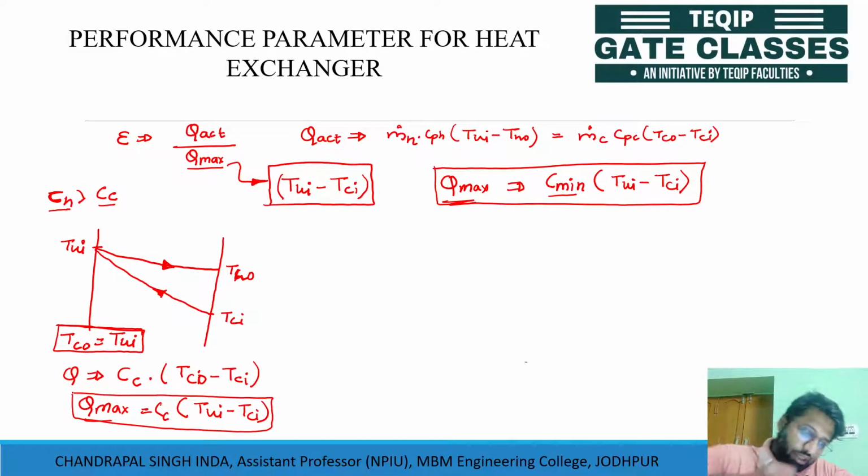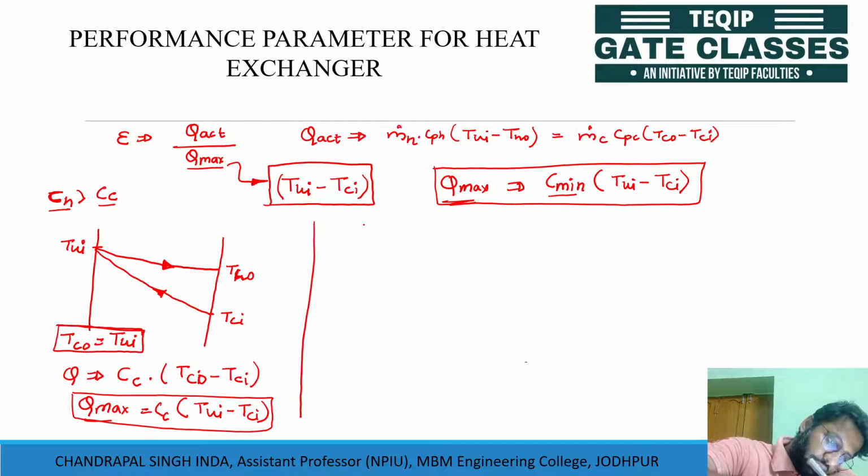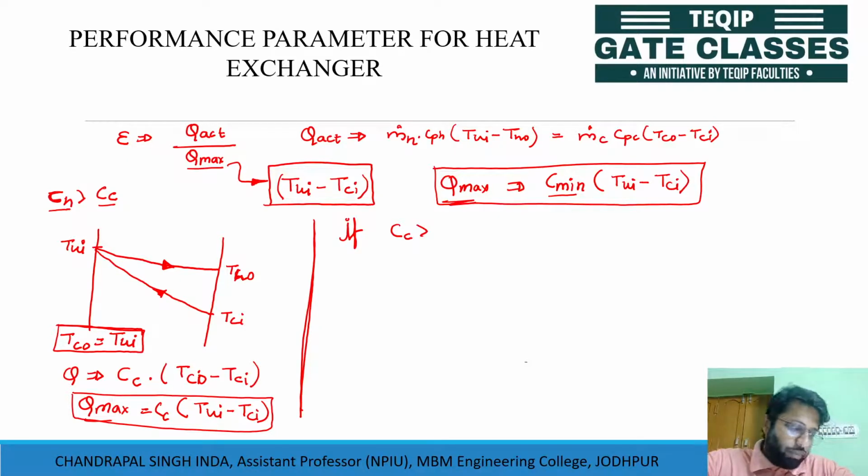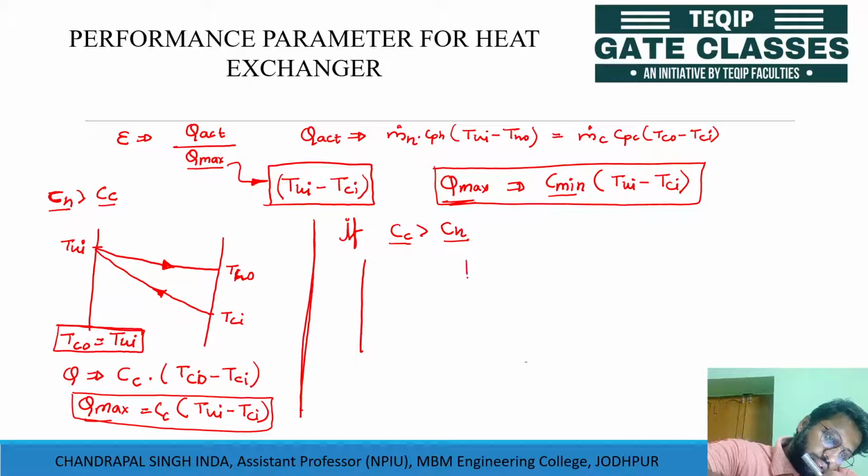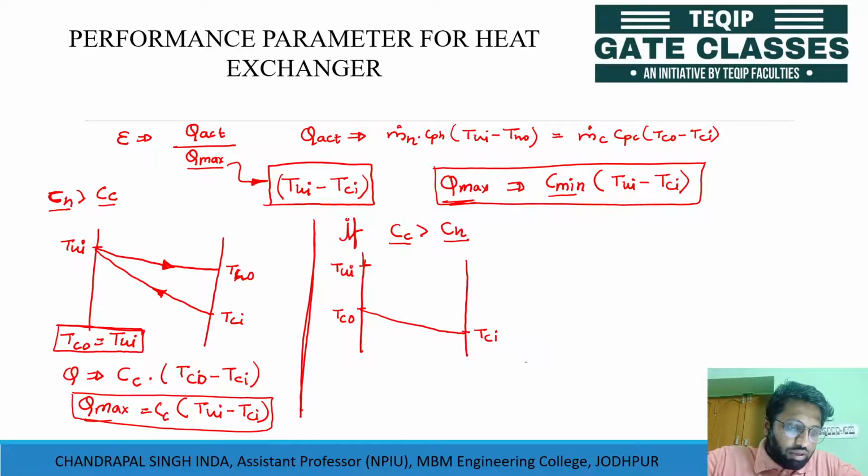In another case, if the heat storage capacity of the cold fluid is greater than the heat storage capacity of the hot fluid, then the cold fluid will undergo the minimum temperature difference, T cold inlet to T cold outlet, and the hot fluid will undergo the maximum temperature variation.